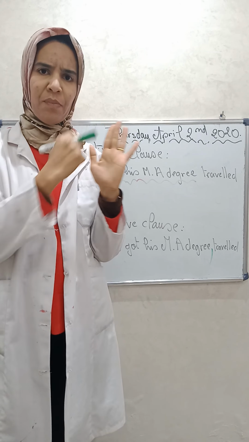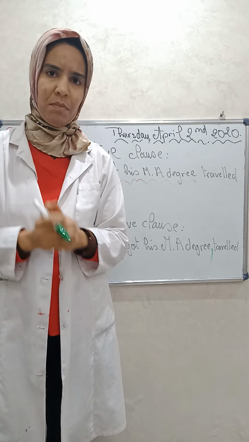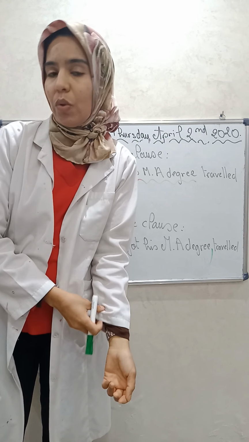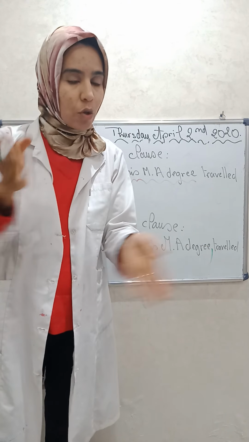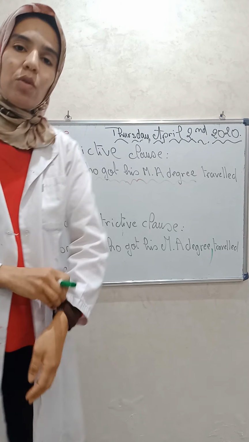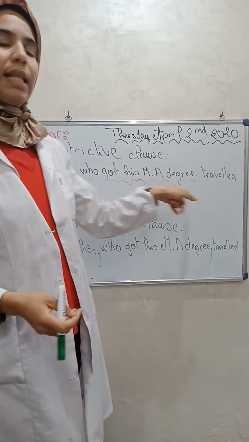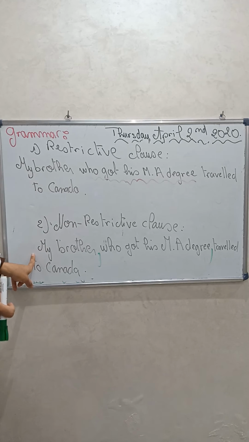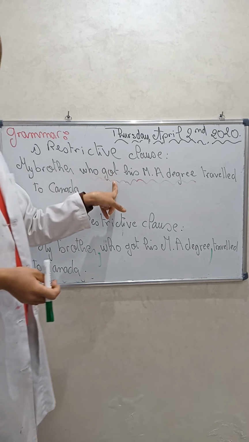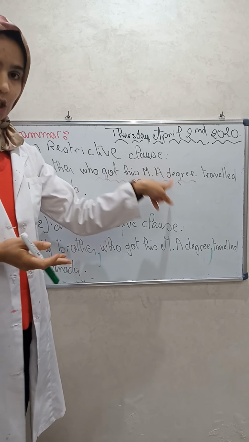Which brother? Which one? You are not going to know, and you have to ask me which brother traveled to Canada. Then I am going to tell you, well, my brother who had his MA degree. So here it is very important to mention which brother did travel.